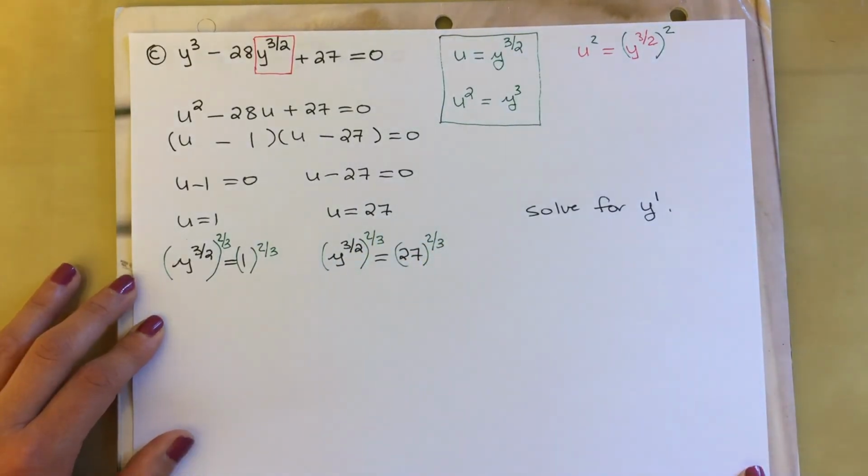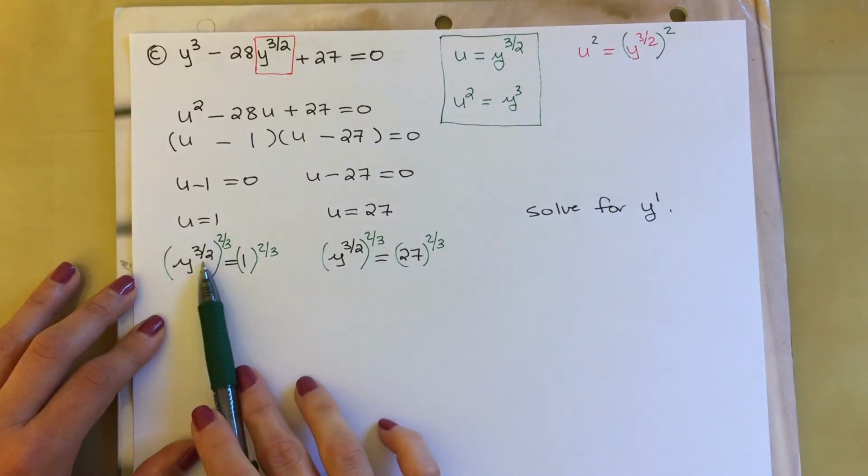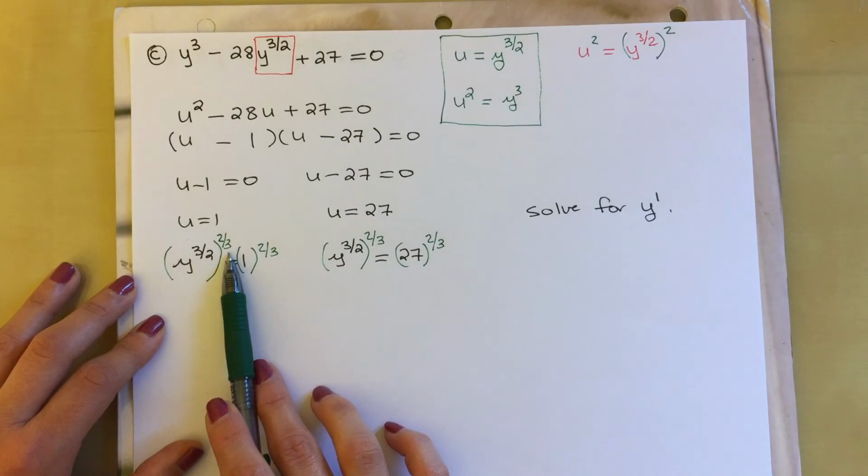Okay, why are we doing this? Because you need to solve for y. The only way to make this exponent 1 is to multiply by the reciprocal, which is 2/3.